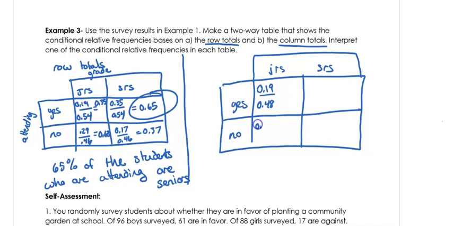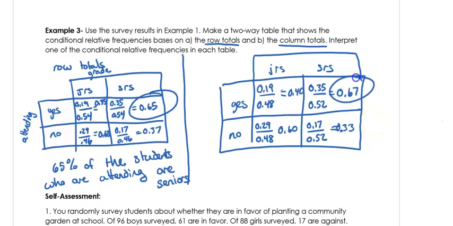The number in here was 0.29 divided by this column total, 0.48. The number in here was 0.35, and this column total was 0.52. This number was 0.17, and the column total was 0.52.